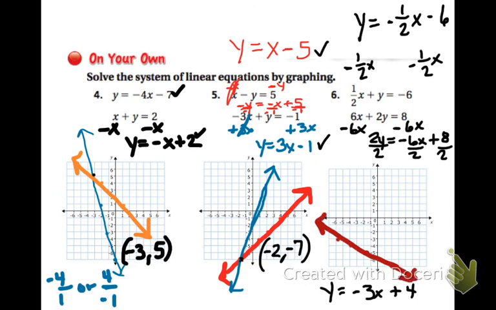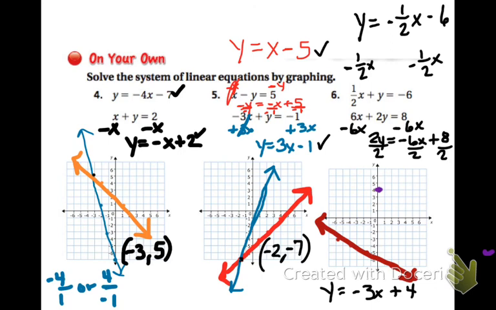And then my second line could be a +4, way up here. That's weird. Right there. And then a -3 slope.